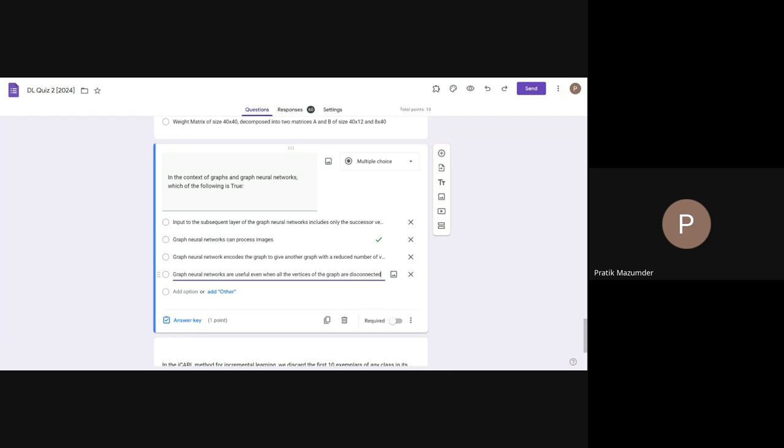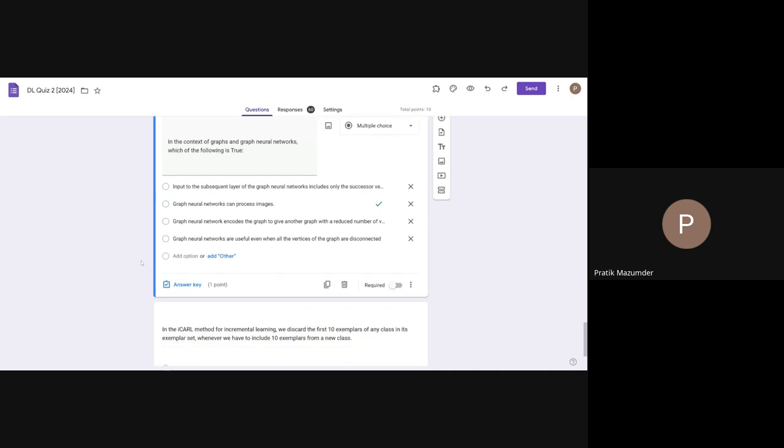Now, when all the vertices are disconnected, which is there are no connections or edges between any of the vertices, you're simply applying one single fully connected layer to every vertex feature, and then there is no use of a GNN as such. You can simply learn one fully connected layer and pass every node through that fully connected layer, and you'll learn some representation for that. So this network will not be of any use because there is no use of your graph structure itself in such a graph where there are no connections between the vertices.